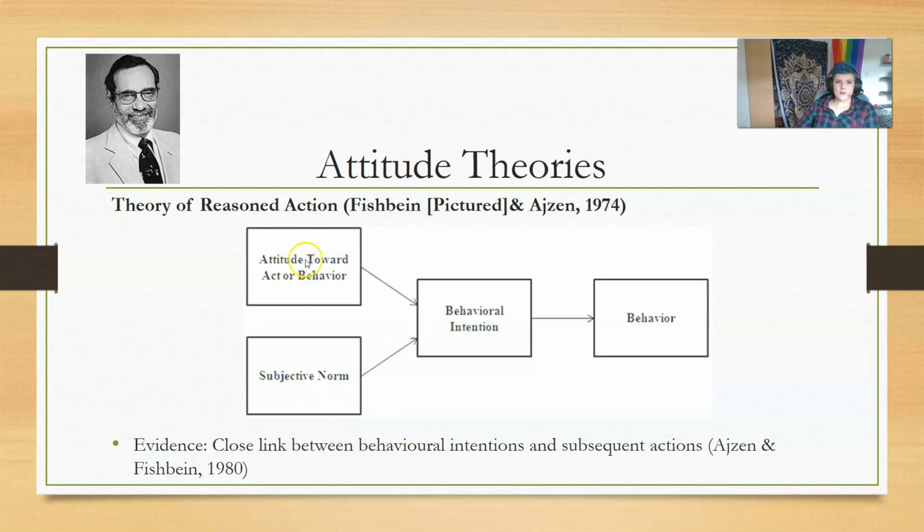These combine to go into behavioural intention, so your attitude and your assumed attitudes of others go together to inform your behavioural intention. And then your behavioural intention results in your behaviour. Now, evidence for this comes from there being a close link between behavioural intentions and subsequent actions.